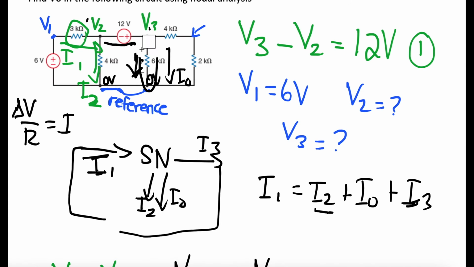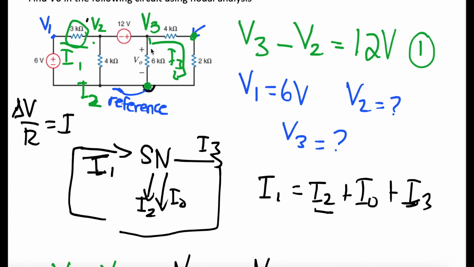If you erase this again to make it more clear, next we can see we have to find out what I3 is. If we look at I3, we see that I3 is coming around in this loop. And we said that this node is essentially connected to this reference node, right? So these two nodes are the same. So essentially we have to add these two resistors, and it's V3 minus 0 again, but this time we're adding the 4K plus the 2K.